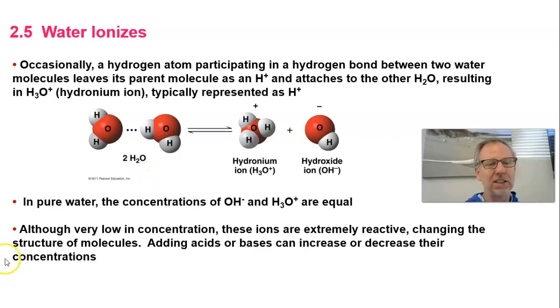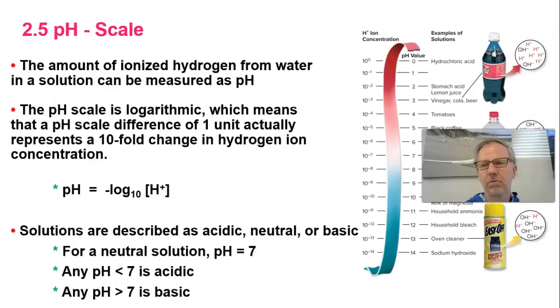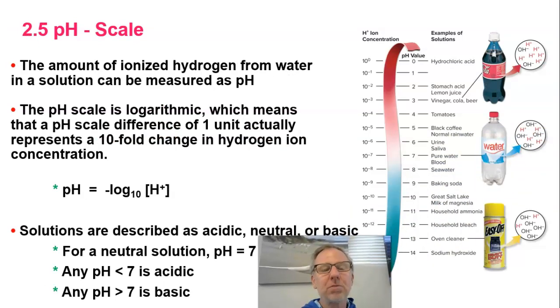So let's look at this in a little more detail in terms of the pH scale. Those two letters, pH, it's not on the slide, I'll tell you right off the bat, stand for potential hydrogen. That's what pH stands for.